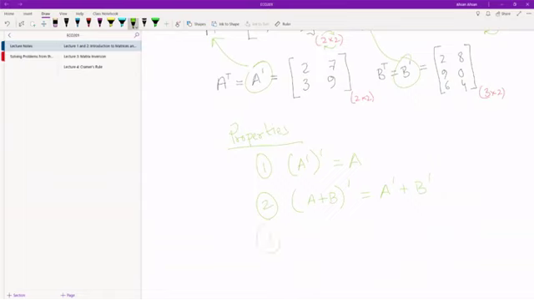Add them and then take the transpose, or take the transposes and then add them, and you should get the same thing. And the third property is if we are multiplying A with B and then taking a transpose, that is the same as this.